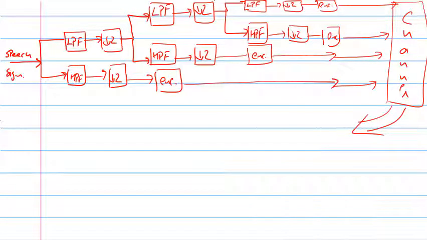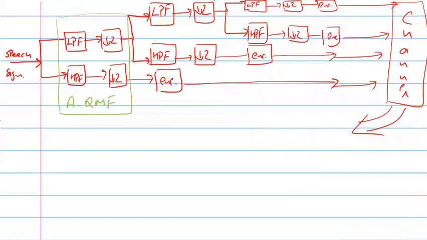Before going to the synthesis part, let me just tell you what this is. You can replace this with the analysis QMF filter, which we have studied. We have studied the polyphase form of the QMF filter bank. So you can just replace this with the analysis QMF which I showed in the previous slide.